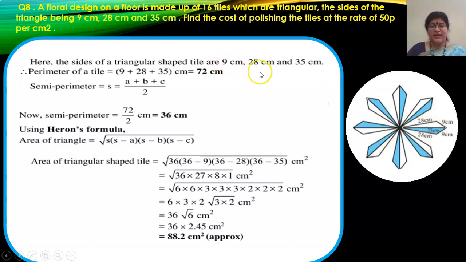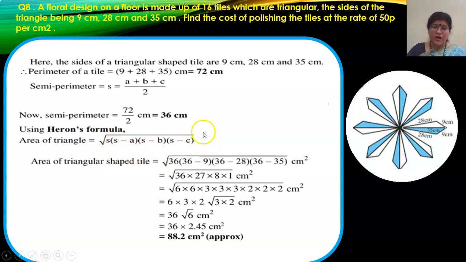So the dimensions are 9, 28 and 35. Calculate a plus b plus c divided by 2 and you get the semi-perimeter. After you get the semi-perimeter, I want you to calculate the area of the triangle using Heron's formula.